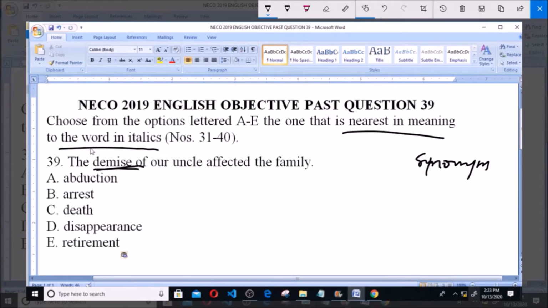The statement says, the demise of our uncle affected the family.